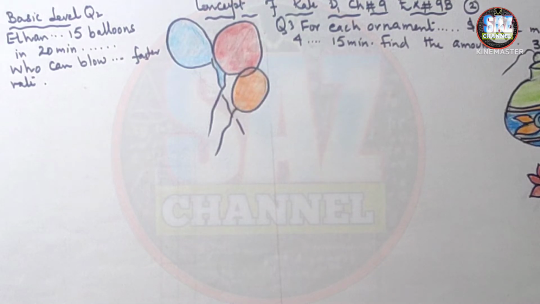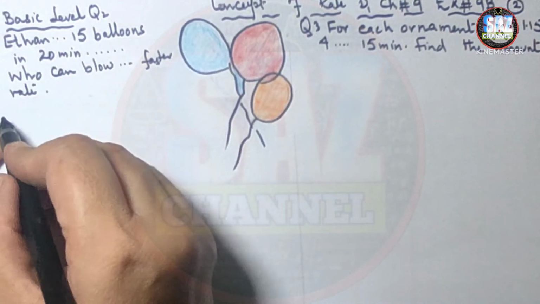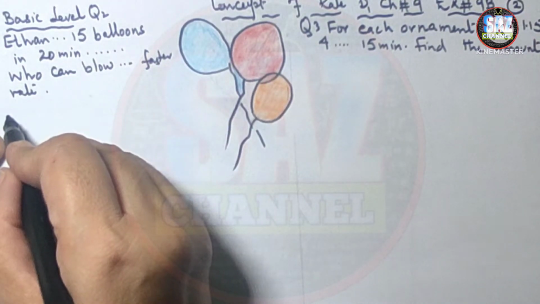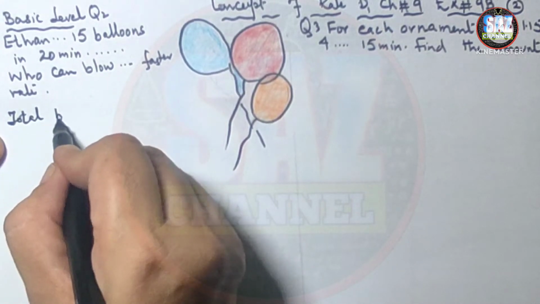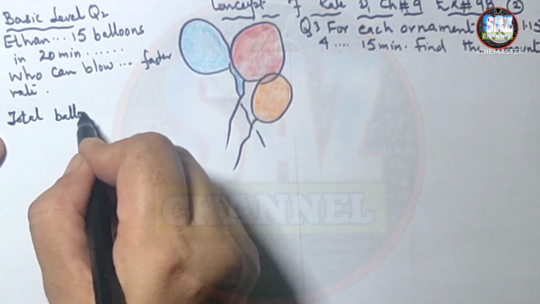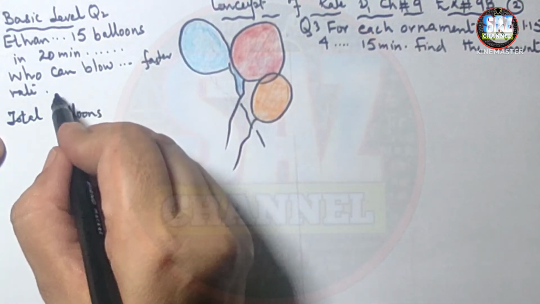The first person is Ethan. Let me write Ethan here.